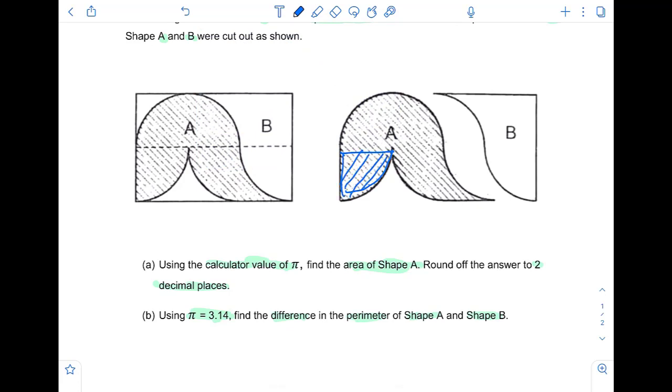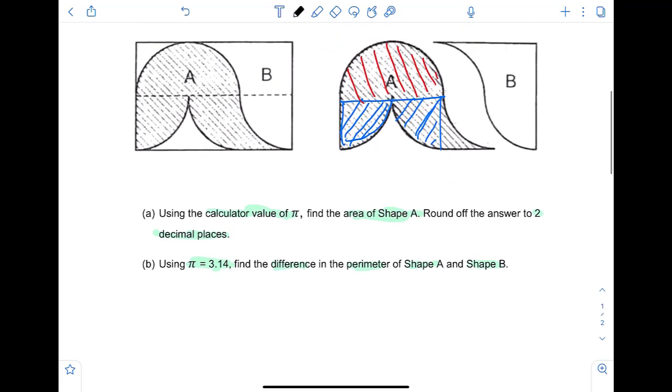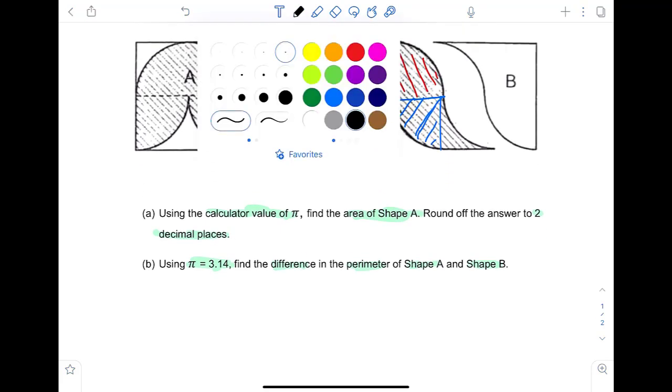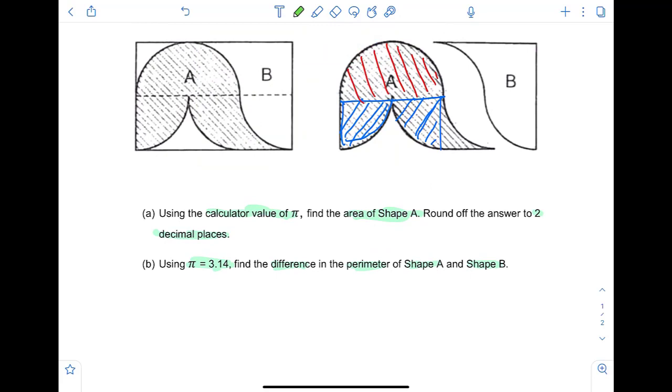So essentially shape A is made up of this quarter plus this quarter, which is making up one semicircle, plus this semicircle right here, which means 2 semicircles, which will add up to one complete circle. Plus, don't forget, there is one additional section over here. This is a green section.